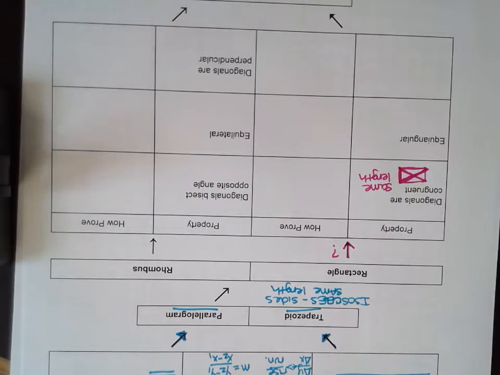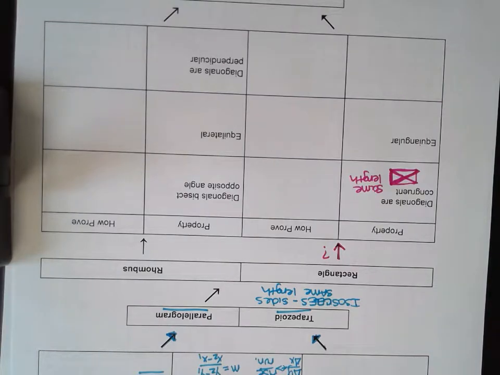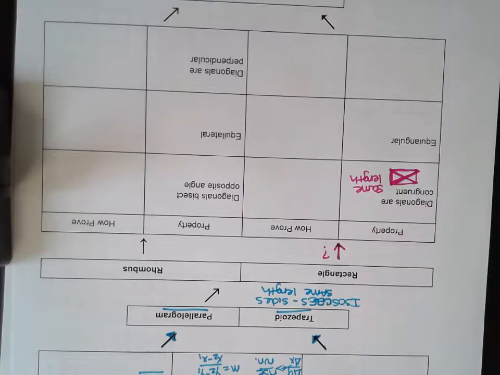If both opposites... No, the diagonals have to be congruent. Wouldn't you know all four sides would be the same distance? But you have to prove it. Yes, Ethan, that's what I'm looking for.